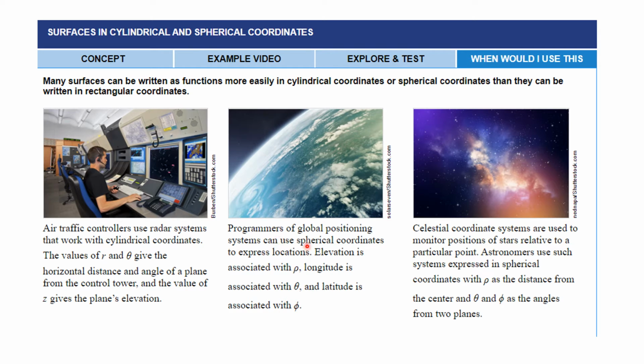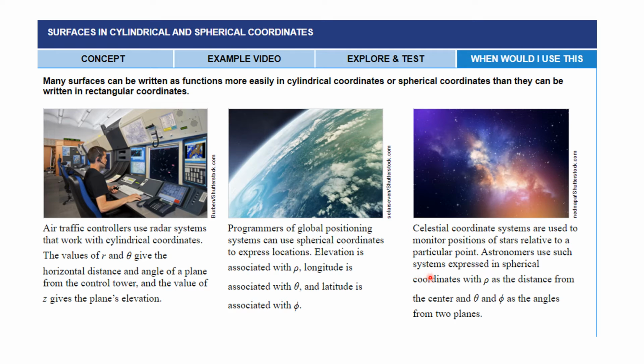Programmers of global positioning systems, that is GPS systems, can use spherical coordinates to express locations. Elevation is associated with rho, longitude is associated with theta, and latitude is associated with phi. And finally, for now, celestial coordinate systems are used to monitor positions of stars relative to a particular point.